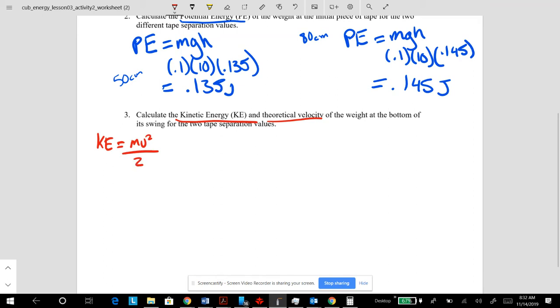So if I wanted to calculate kinetic energy at that point, I could use that equation, and I can also figure out that v. The v is going to stand for my theoretical velocity. So not the actual velocity, because actual velocity is distance over time. This is just theoretical. If everything was perfect, you didn't lose energy to friction or any resistance, then it would be a perfect swing, and the theoretical velocity should equal the actual velocity.